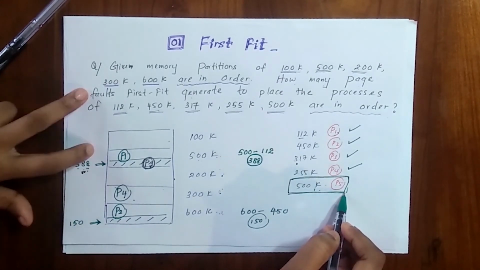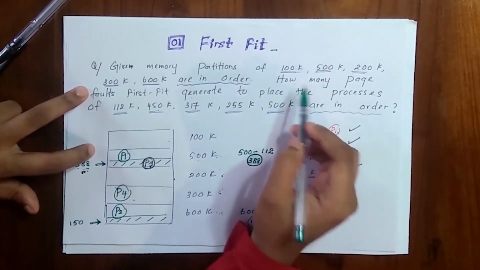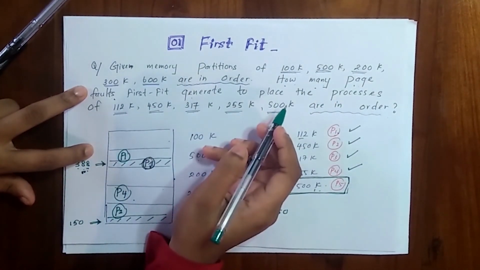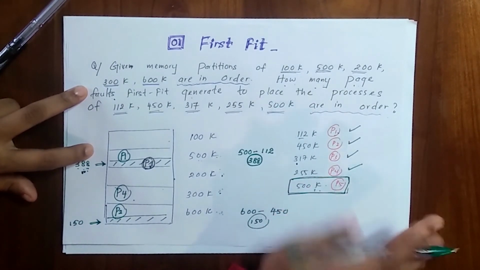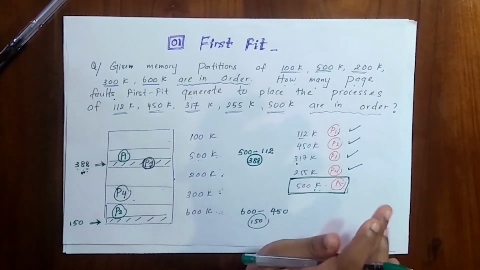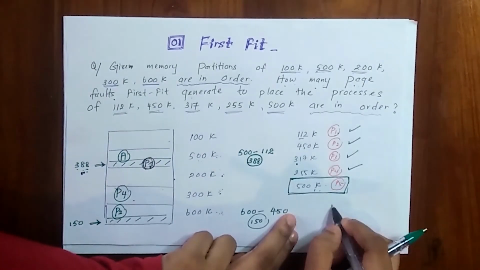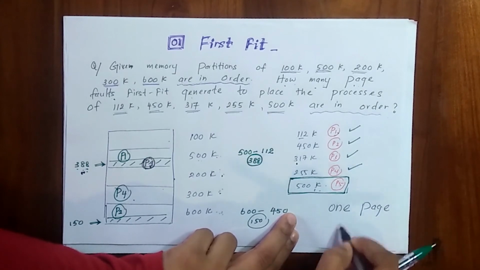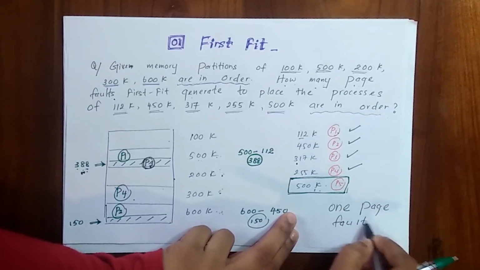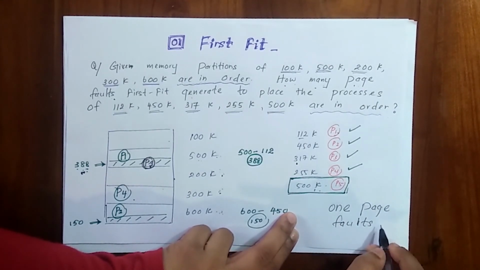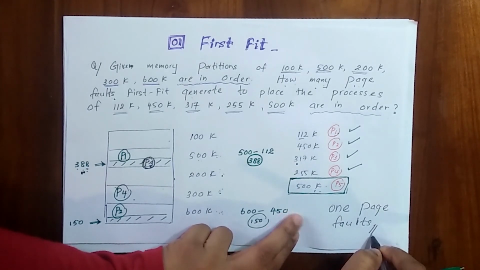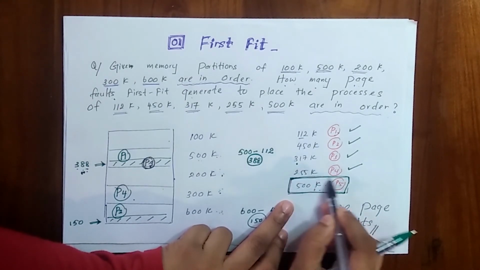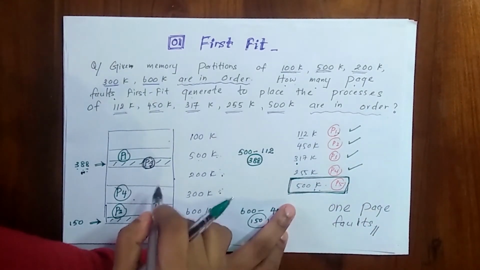And now let's see the question again. What it asks is how many page faults first fit generates. So the answer is 1 page fault. If I tell why the answer becomes 1 page fault, it is because there is only one process that we cannot place in here.